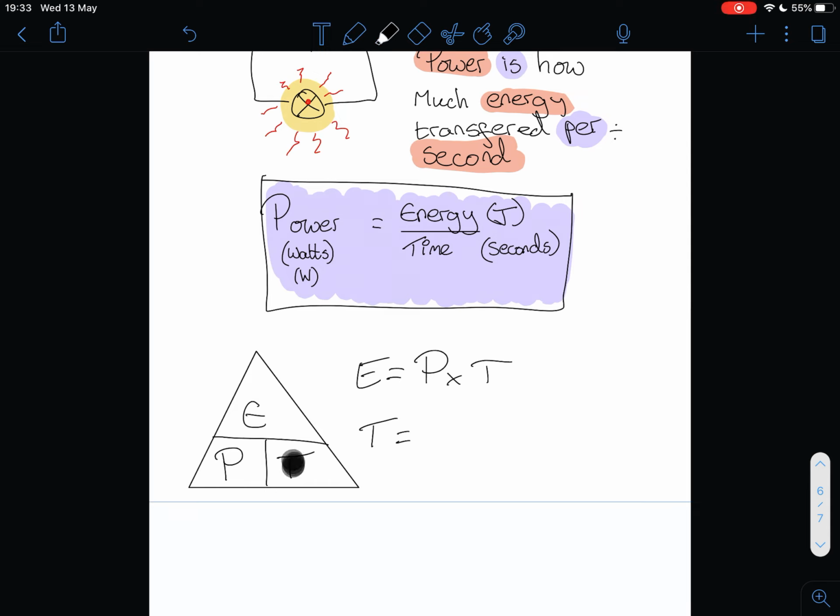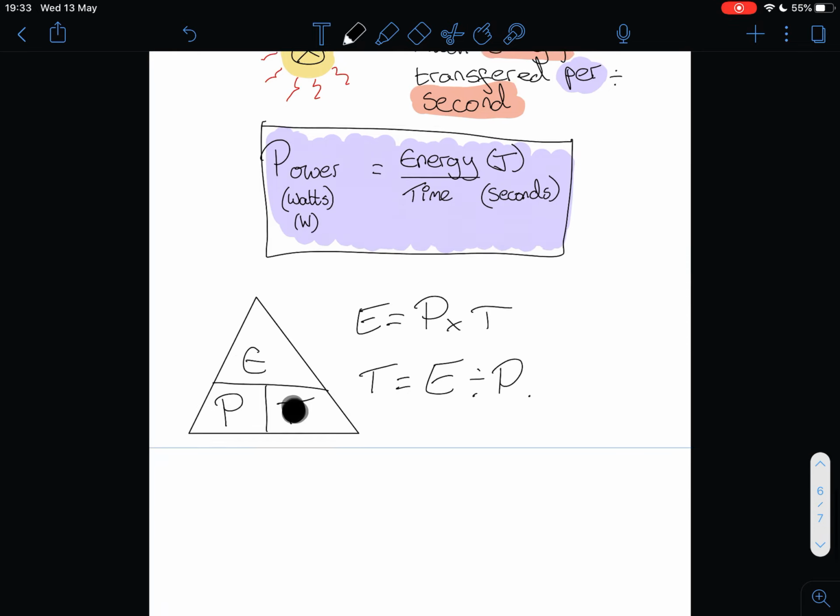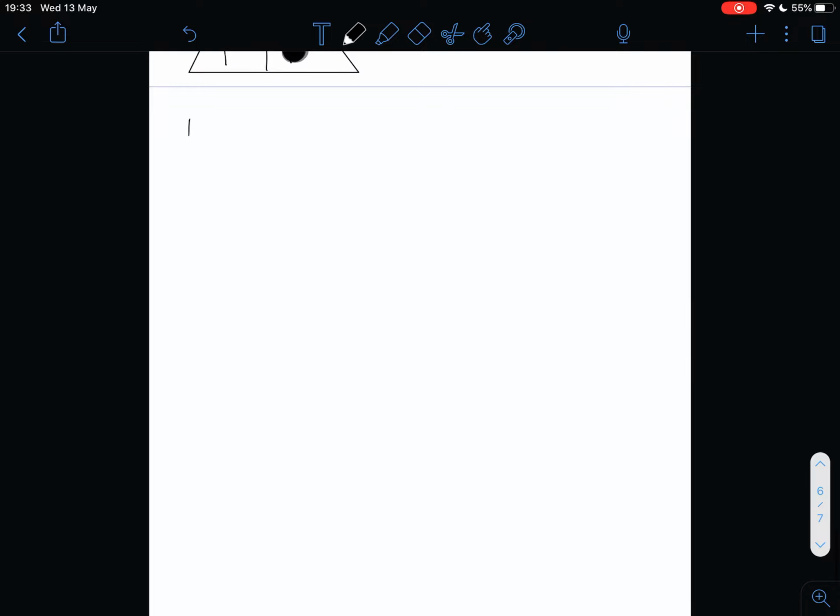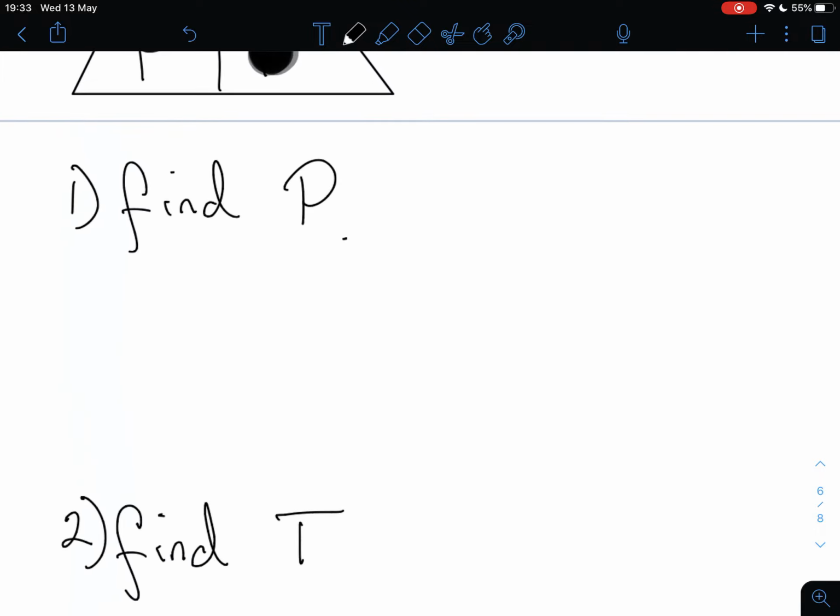So again, we cover up the time and we get energy divided by power. So let's have a look at it in action. Let's do three examples, because we're near the end. Let's find the power for the first one, the time for the second one, and the energy for the third one.